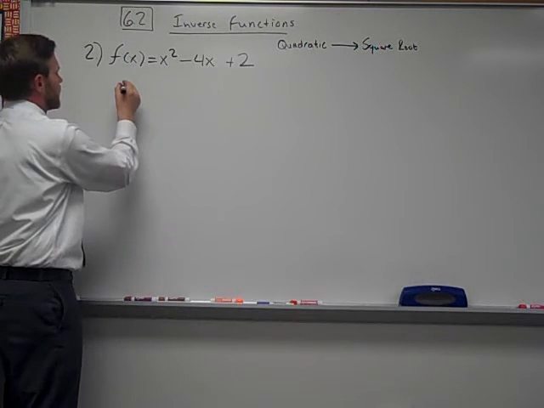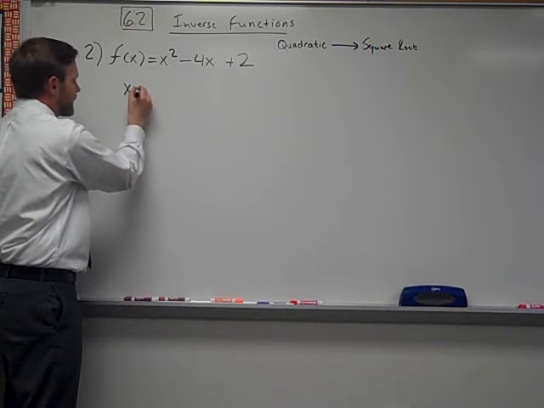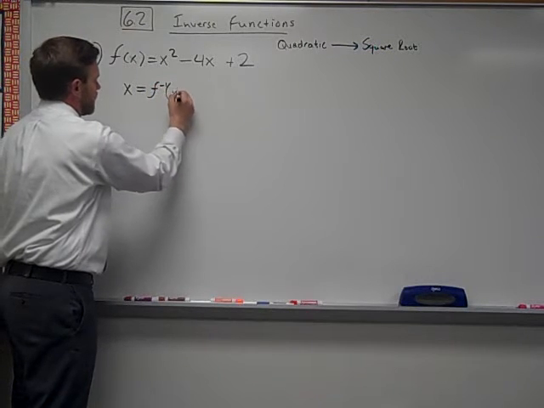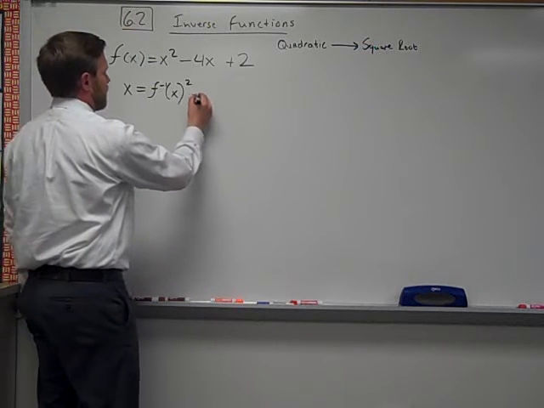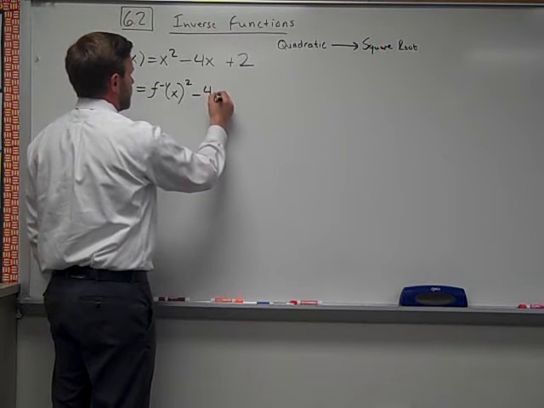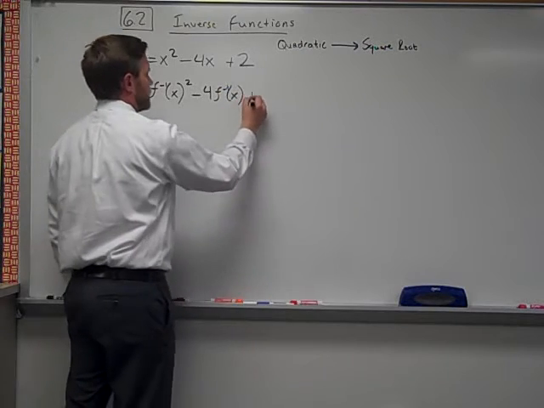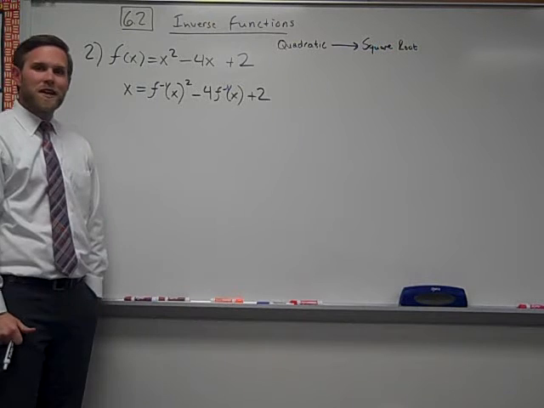So here's what it would look like. I'm just going to simply rewrite this having made those changes. x equals the inverse of f of x squared minus 4 times the inverse of f of x plus 2. Now I'll make a confession with you.